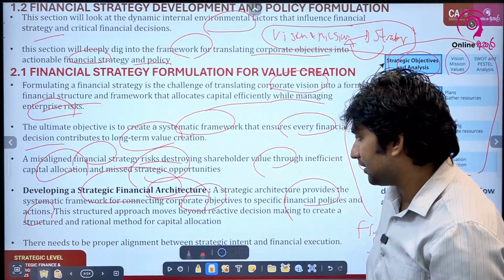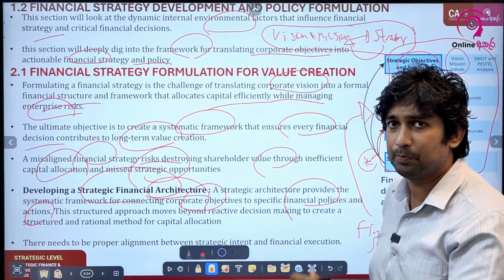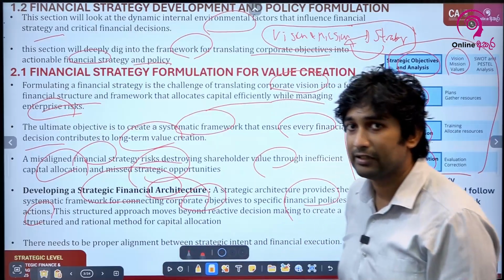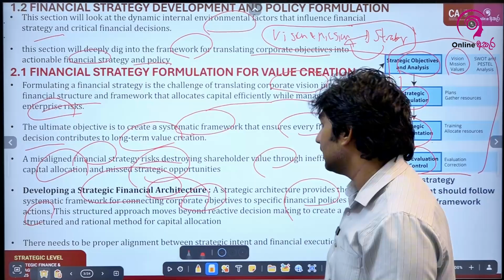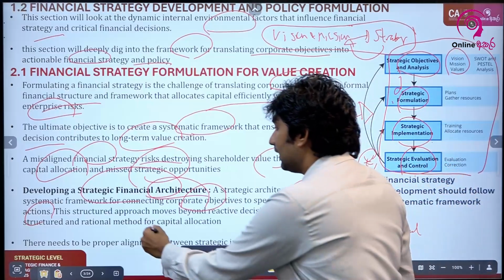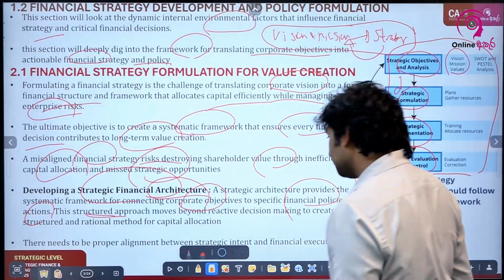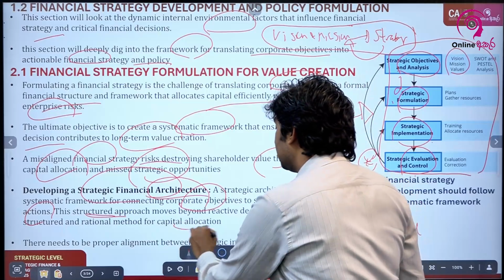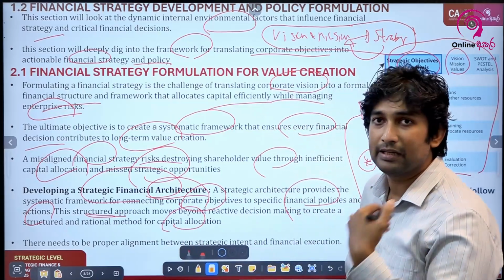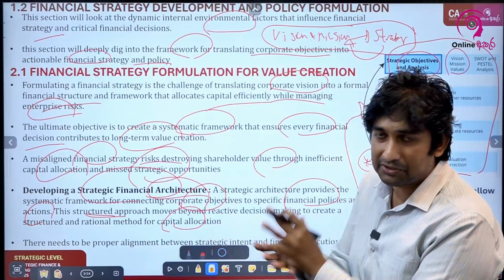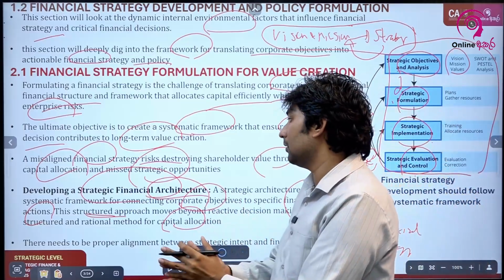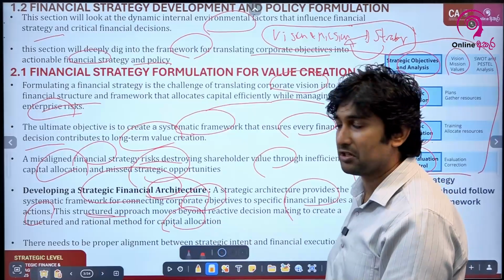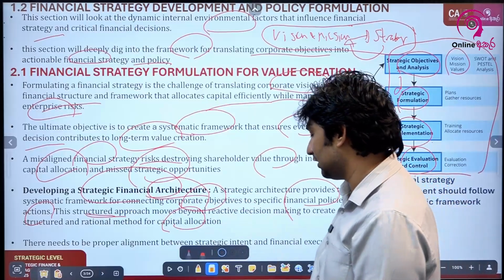It prevents wishful thinking when developing financial policies and executing financial decisions. This is about having a structured, rational method for capital allocation and business decision making, a proper framework for financial decision making with a strategic orientation. This is what strategic financial architecture is all about.